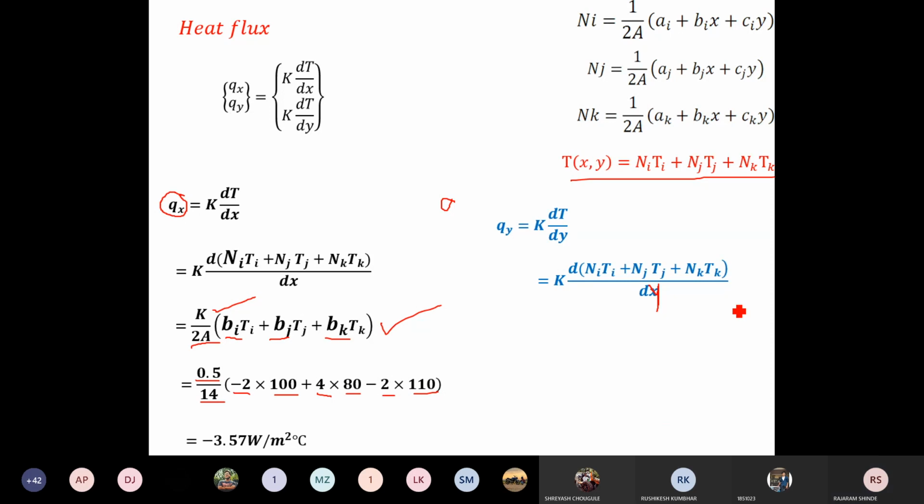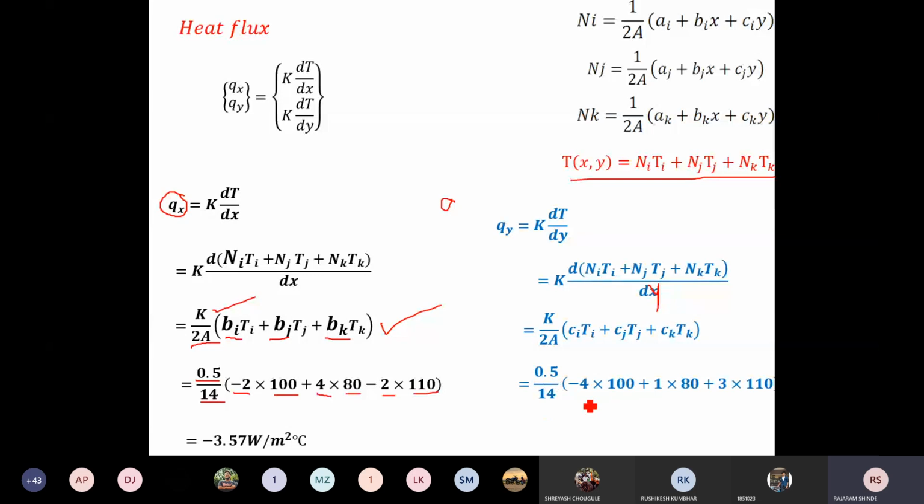Now you tell me what is the derivative of this one. You calculate it. K by 2a into Ci Ti plus Cj Tj plus Ck Tk. Yes, correct. After that, you will get this value, that is 0.5 is K, this is 14.